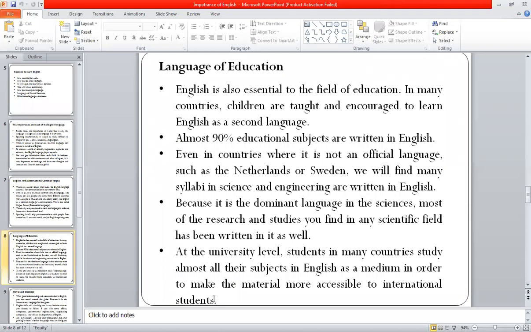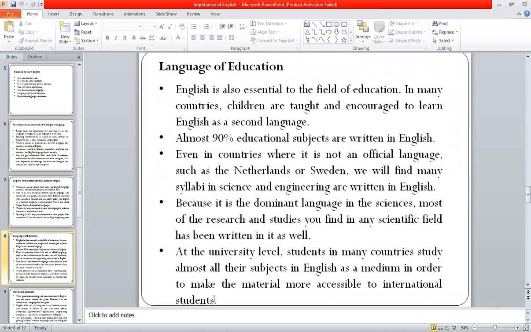Why do you study these subjects with English as a medium? To make the material more accessible to international students. So you are also international students. International students means the students all over the world.